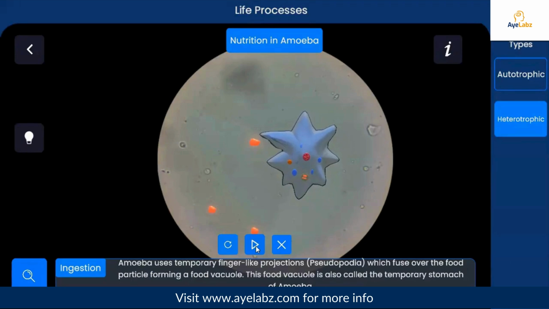Amoeba engulfs food using temporary finger-like projections of the cell surface which fuse over the food particle, forming a food vacuole.